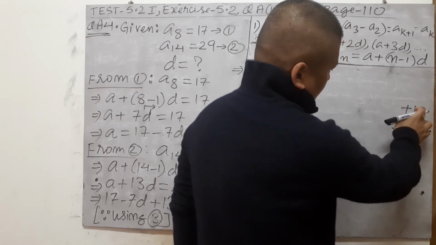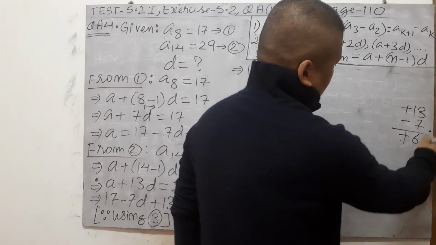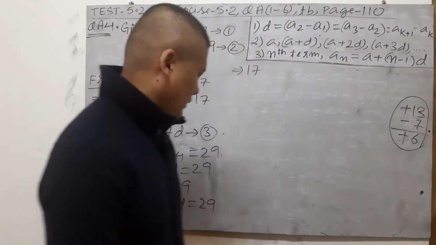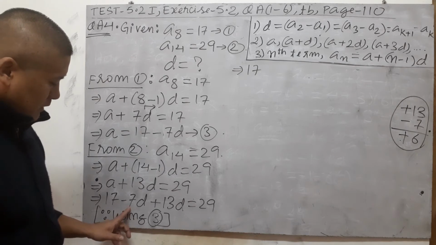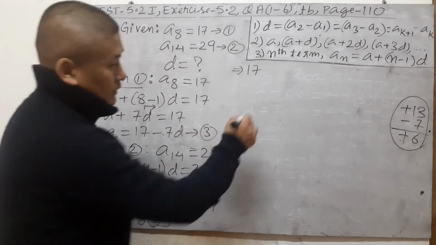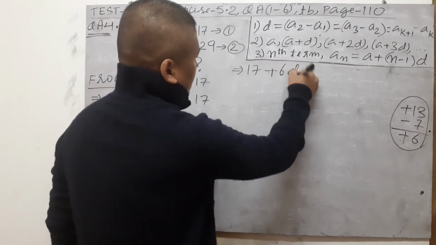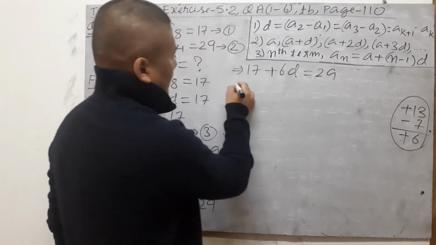Bigger one plus, so here also plus. Write those things on your graph. So we're going to get 17 minus 7d plus 13d, as you can see there is plus 6d is equal to 29.